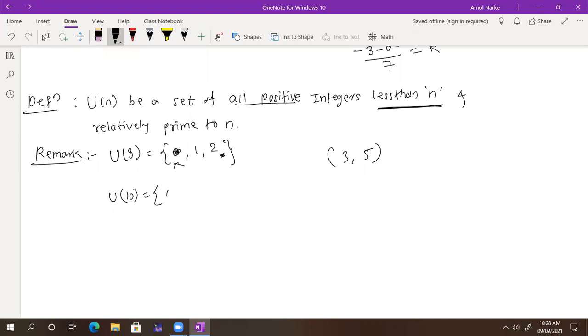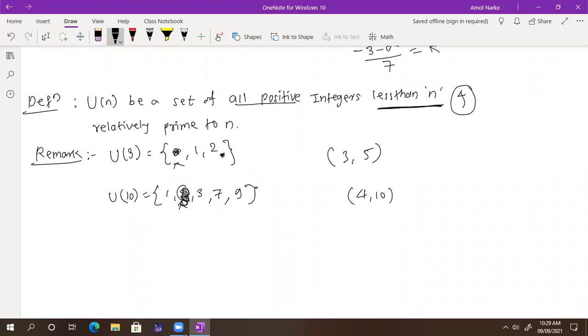I am talking about the set of all positive integers less than n that are relatively prime to n. So 1 is there, 2 is not there, 3 is there because there is no common factor between 10 and 3. 4 is not there, 5 is not there, 6 is not there, 7 is there, 8 is not, 9 is there. So what we have: 1, 3, 7, 9.